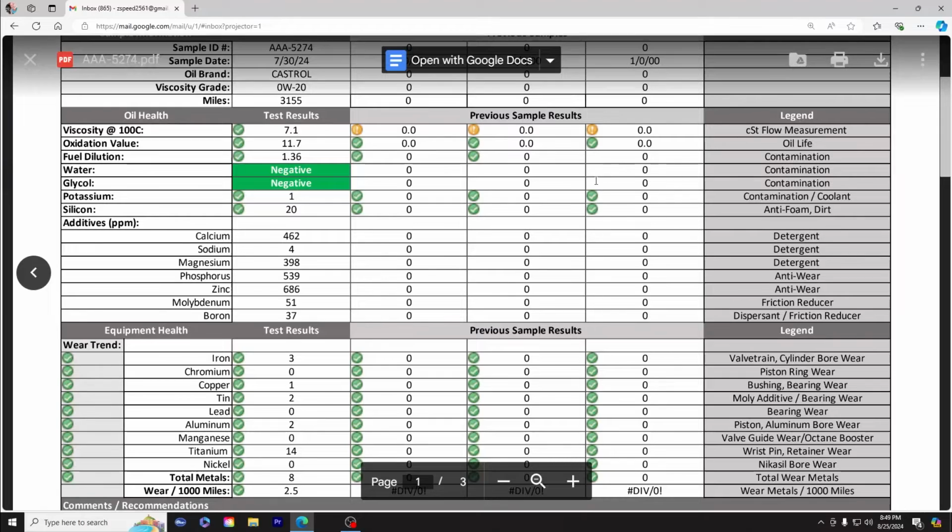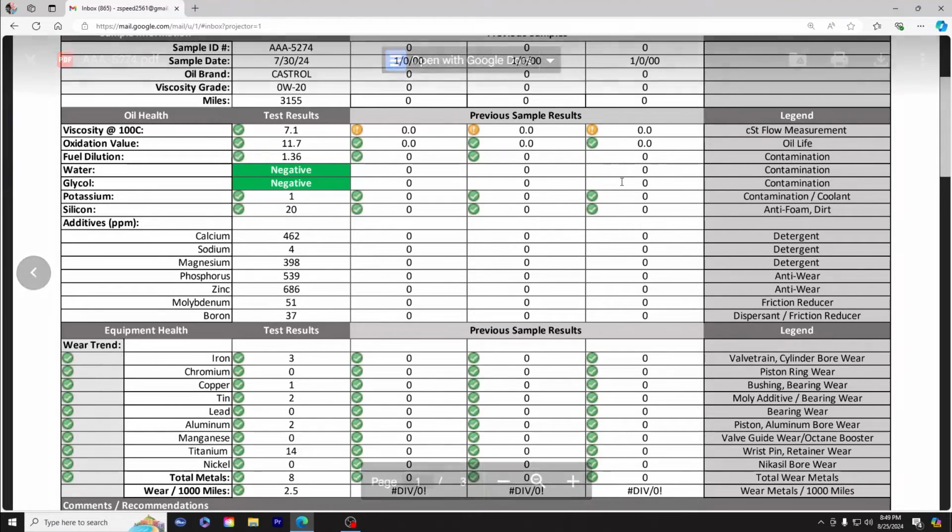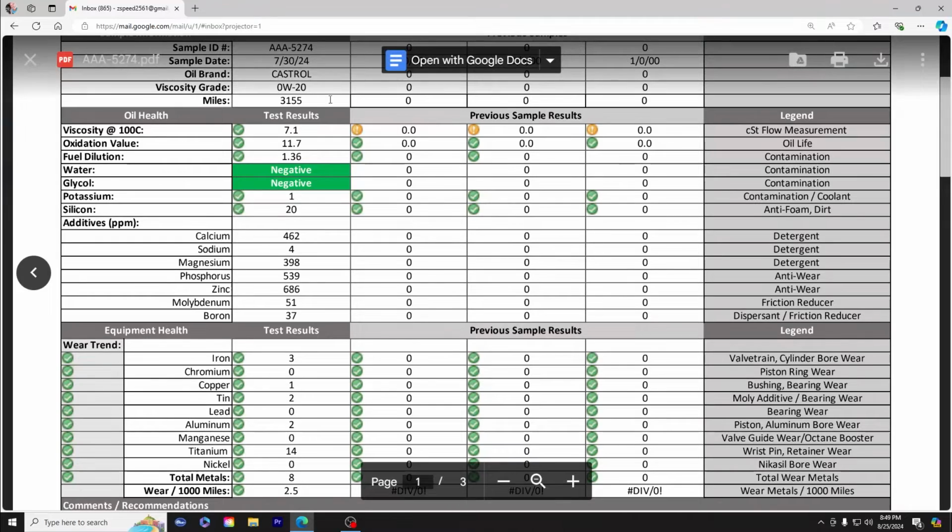So I'm very happy to find out that my fuel dilution numbers are within tolerances. I am changing it out quite frequently at 3,155 miles. So if yours is in the red or in the yellow, then you're probably going to need to increase the frequency of your oil changes to cut down on your fuel dilution and see if that solves the problem.